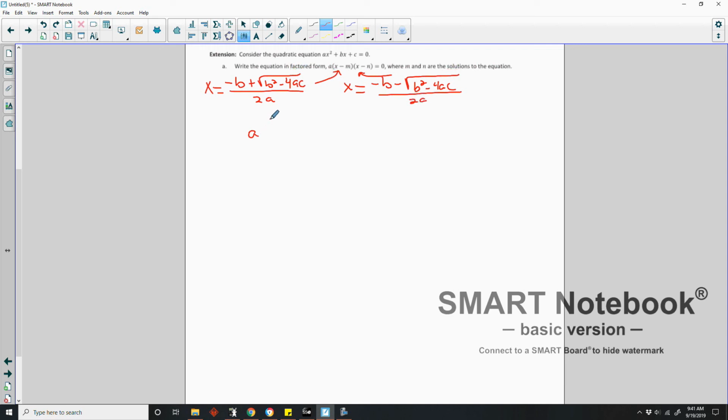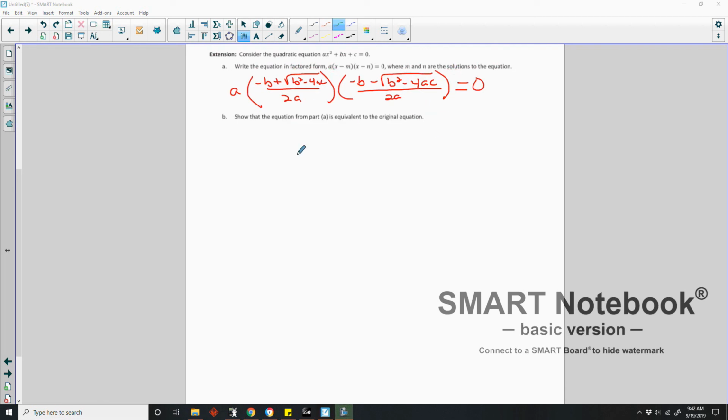So we would say a times negative b plus the square root of b squared minus 4ac all over 2a times this solution, negative b minus the square root of b squared minus 4ac all over 2a. All right. Equals 0. Just like right there. And there's the answer to part A. Very simple.